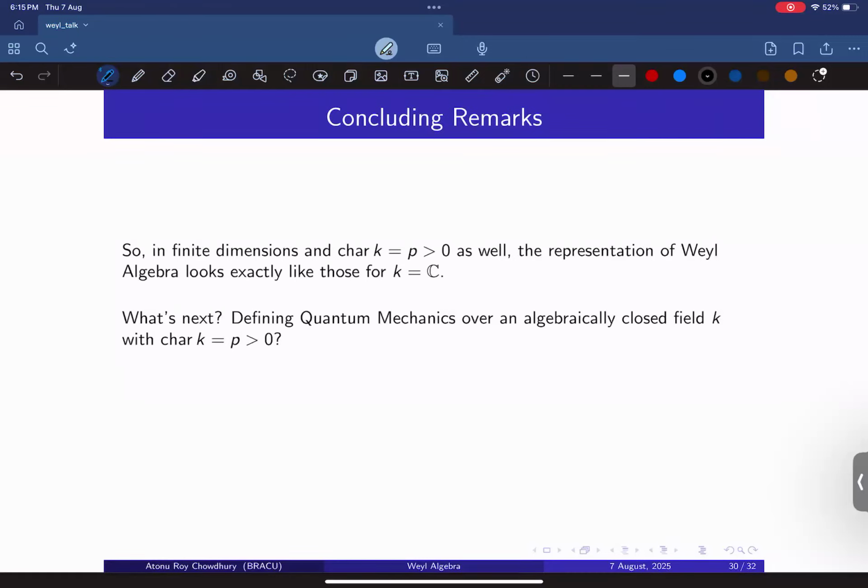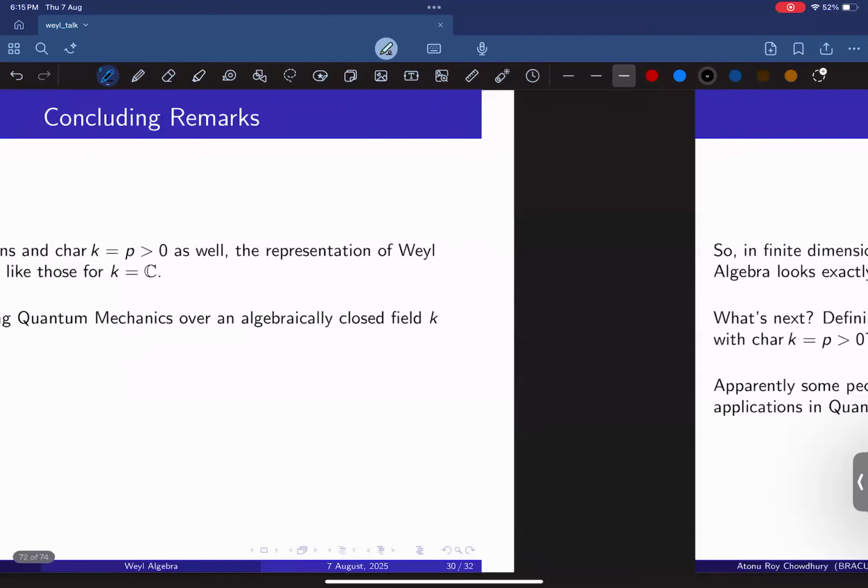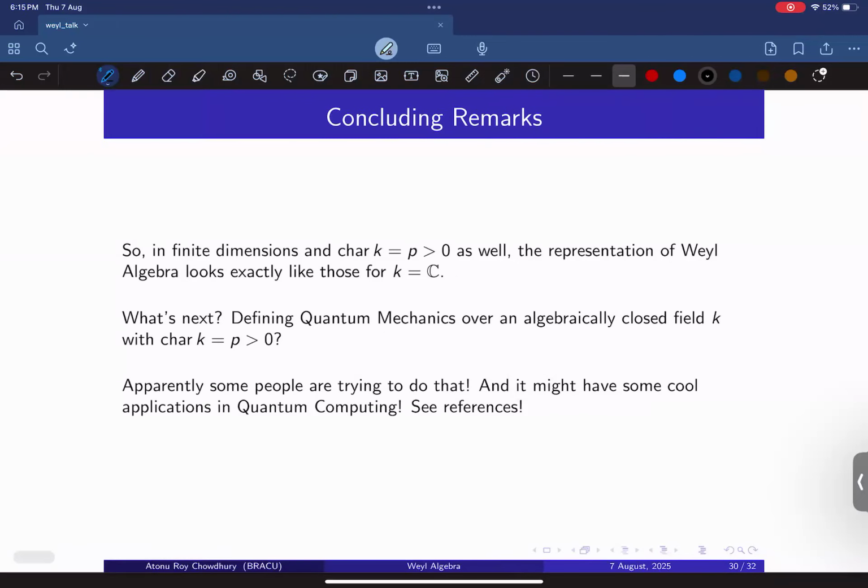Well, there is no physical motivation for this because such a system is not physical. But that's not going to stop us mathematicians from diving deep into that. And the good news is some people are trying to do that, and that has some pretty exciting applications in quantum computation. But we're not going to go into that today, maybe for a talk in two or three months.